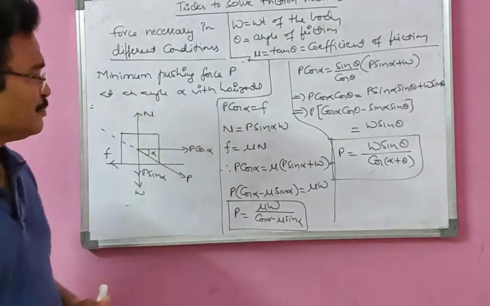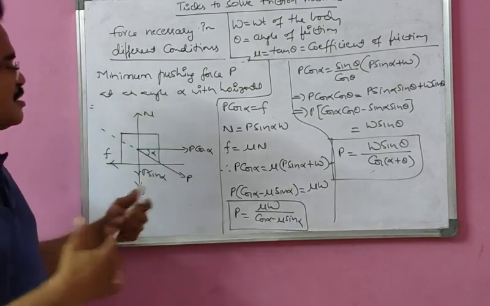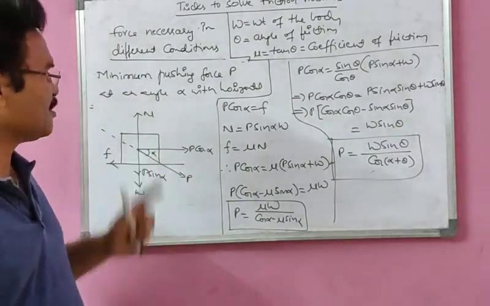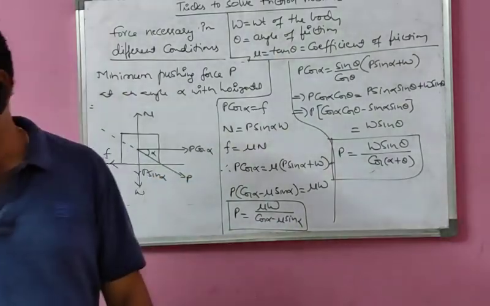Okay. Now, let us take the same situation in the case of an inclined plane. So far we have taken the horizontal plane. We are going to take up inclined planes now.